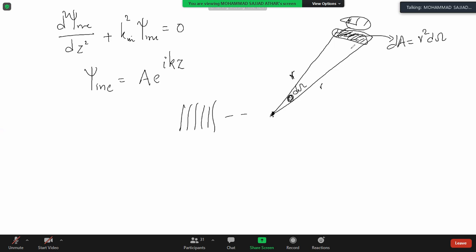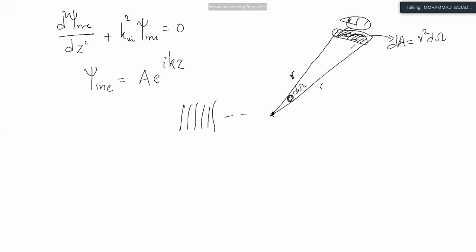Now if the scattering is not spherically symmetric, then there will be angular dependence, and the amplitude of the scattered wave will depend upon this angle.